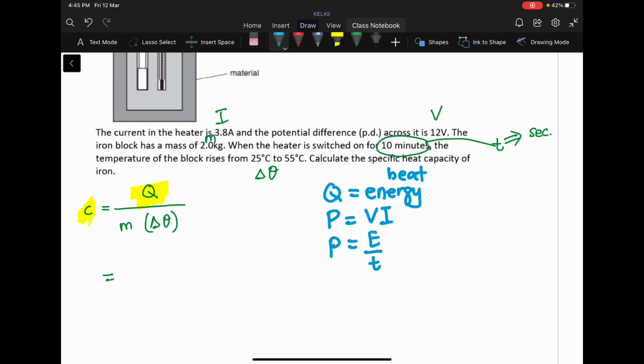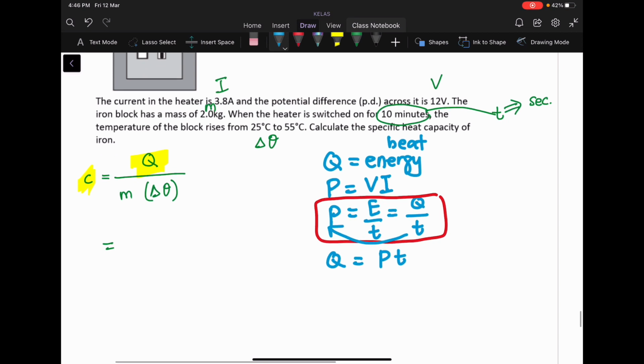Now we use the symbol Q because we have heat energy. Heat energy, we have a special symbol which is Q. So from this equation, we rearrange, then that gives us Q equals P times T. Do you understand? Right. And then we know that P equals VI.